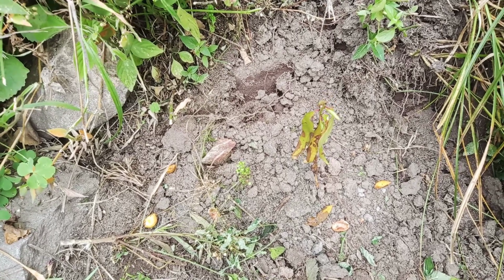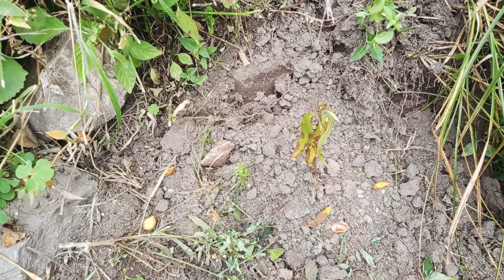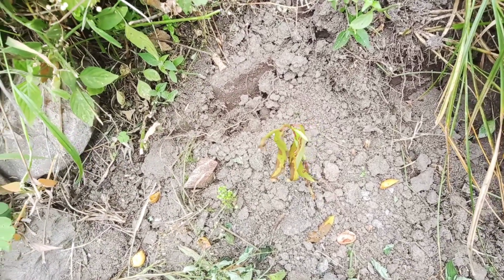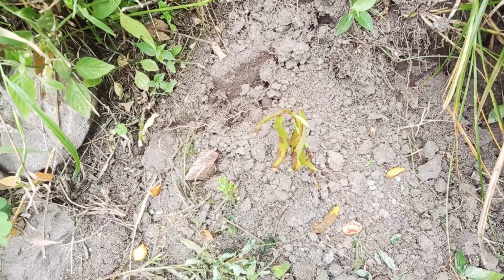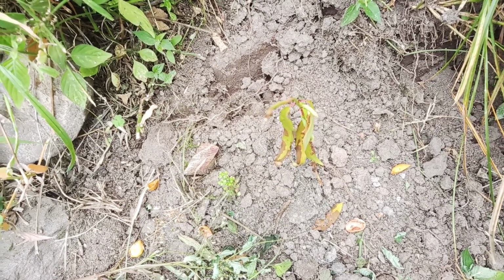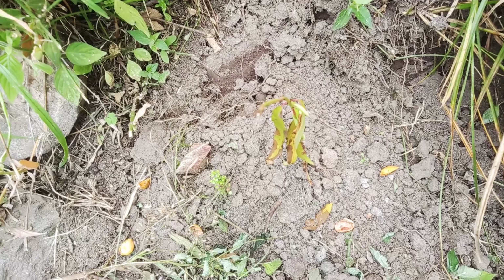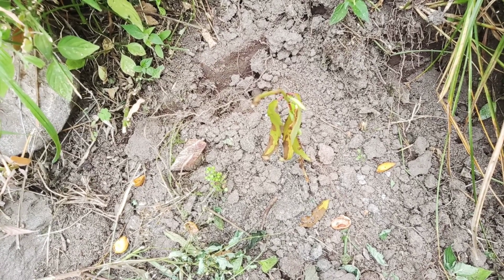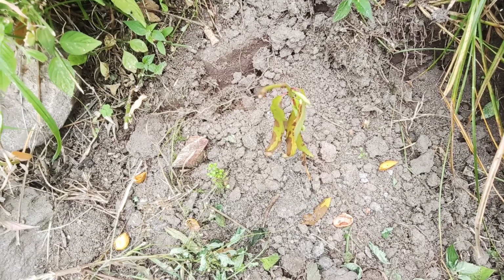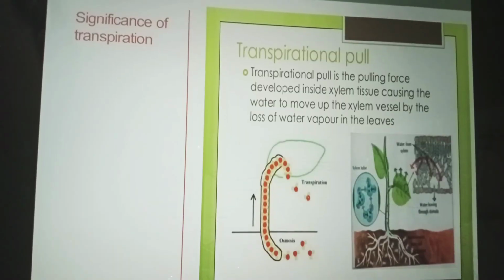Here the transpiration is causing desiccation and this plant is going to die in the next few days due to excessive transpiration. In extremely dry conditions, transpiration is extremely harmful to the plant.